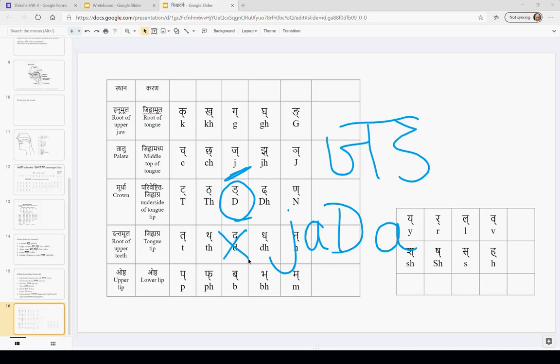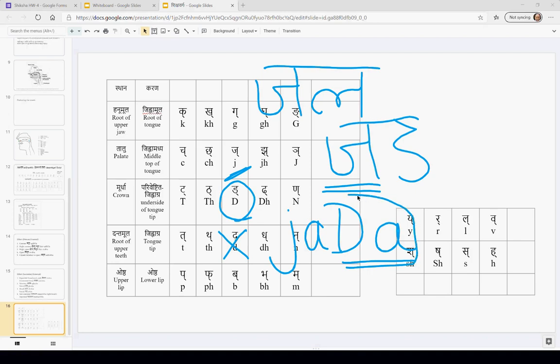It is not this sound. Yeah. Ja is correct. So like in jala. Jala is water. Jada is heavy. Jada is heavy or slow. So ja, jad.